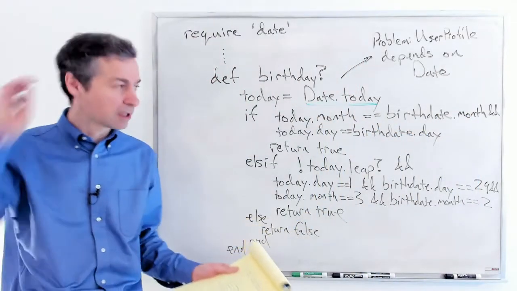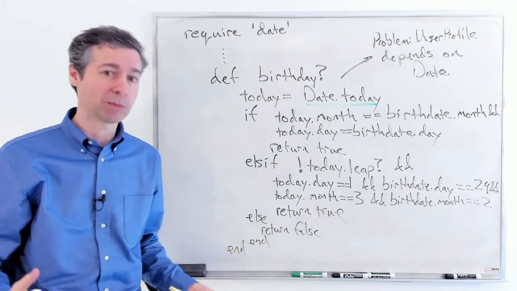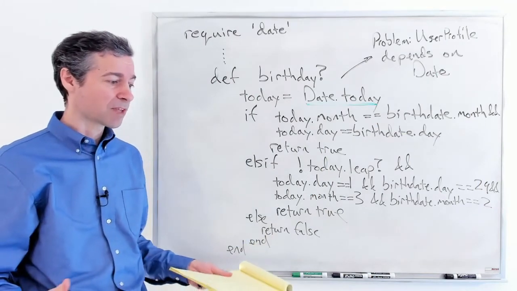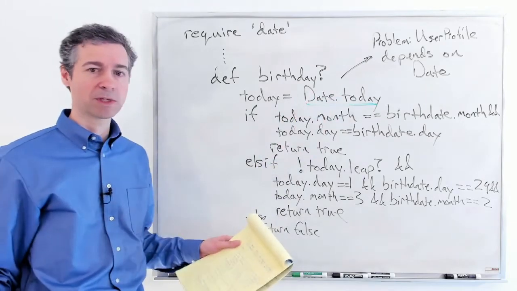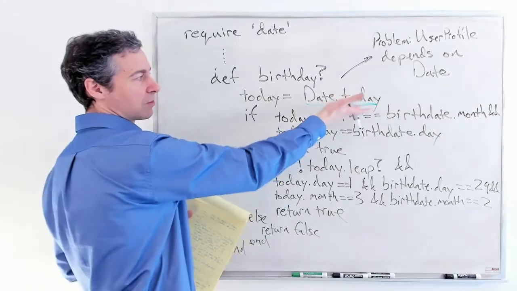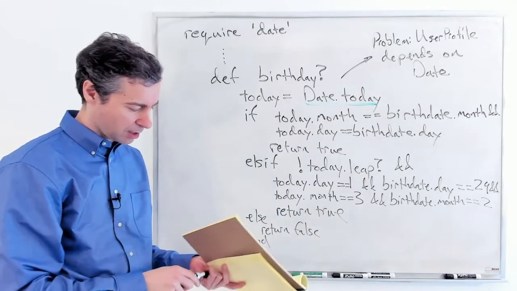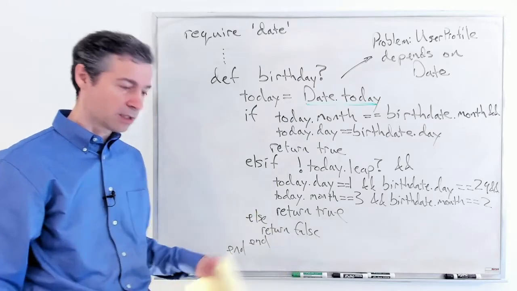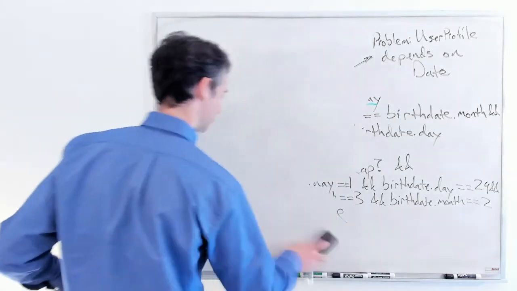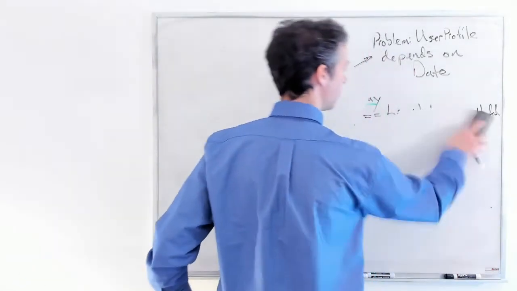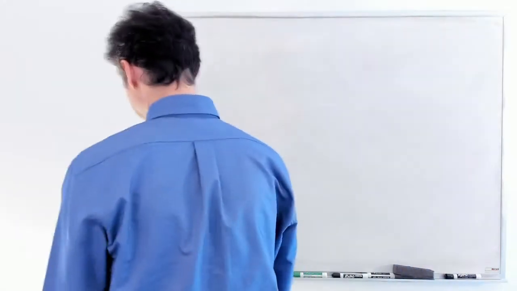So it absolutely does, and this dependency is a real problem. Testing of dates is really messy, because we want it to work like this, but how in the world do we test it? And the solution to this is to get rid of the dependency. Okay, and we get rid of the dependency with a technique called dependency injection.